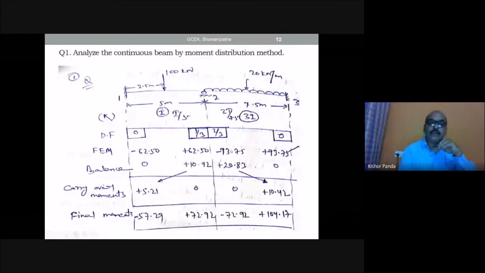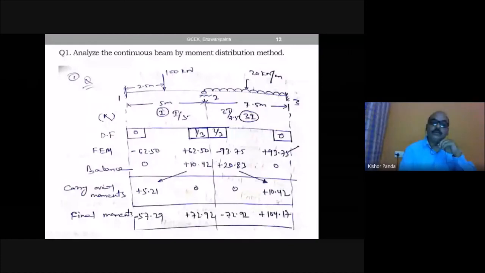You have to add the moments. The final moments you got here are 72.92 and minus 72.92, so the summation of the final moments at the joint is equal to 0. And here 93.75 plus 10.42 is 104.17. So this is the final moment.